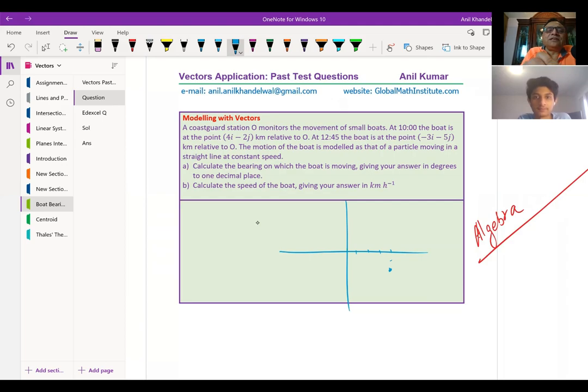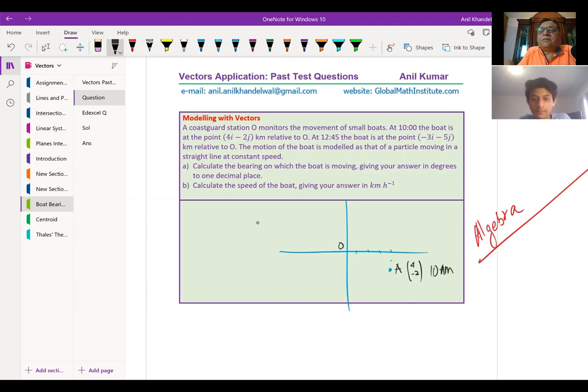So we can say that let this be the origin O, and this is my starting point A. I could also write this as a row 4, minus 2, or a column. So there are three different nomenclatures which we use: we can use a row, we can use a column, or we could use the vector 4i minus 2j. Is that okay? Yes, sir. So this is the position at 10 a.m.